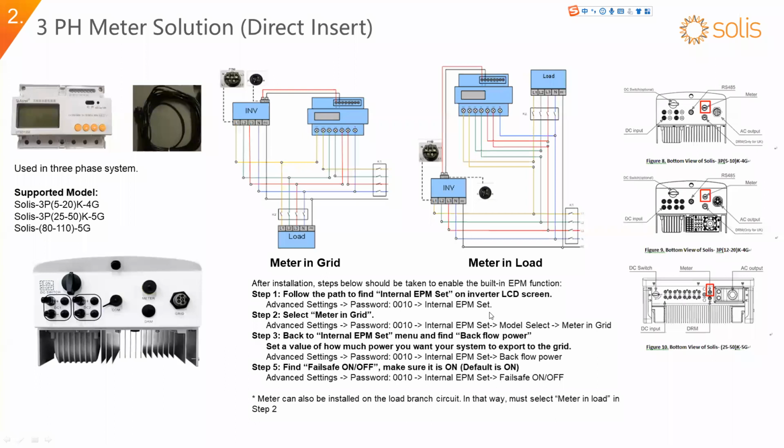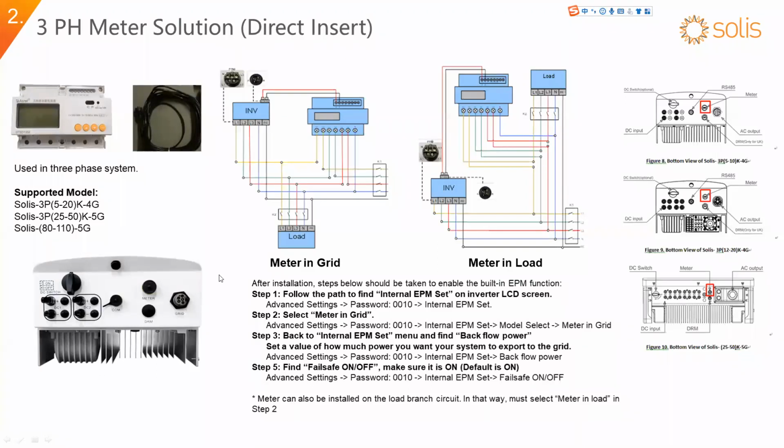Can you explain in brief, when we use a number of inverters, how we install the CT and all the connections? About the connections, I think you can see them in these diagrams. Maybe we can share later.